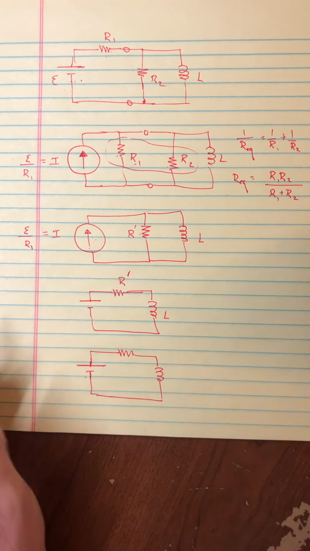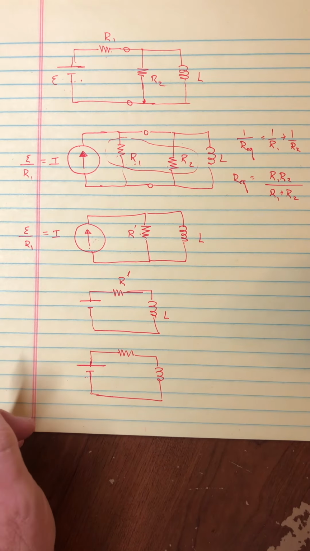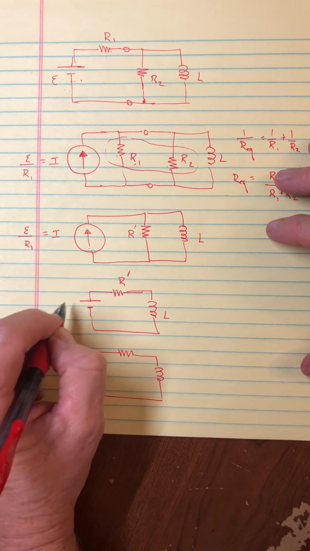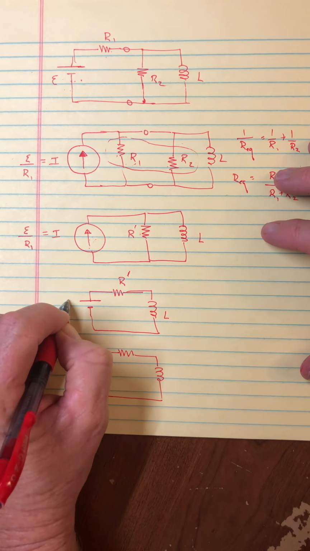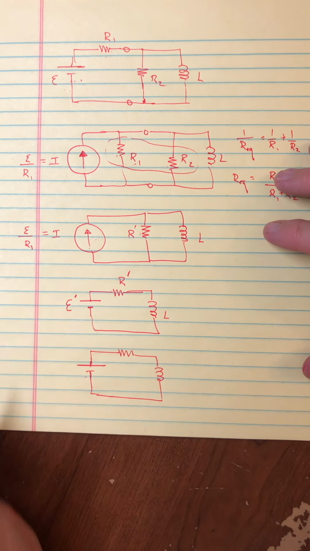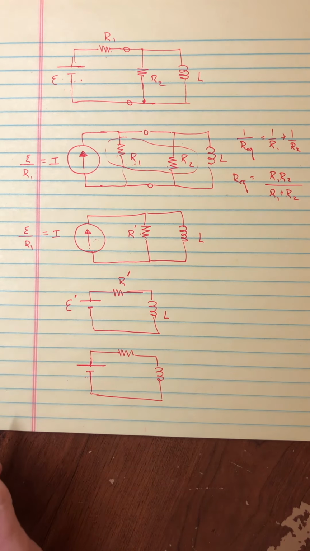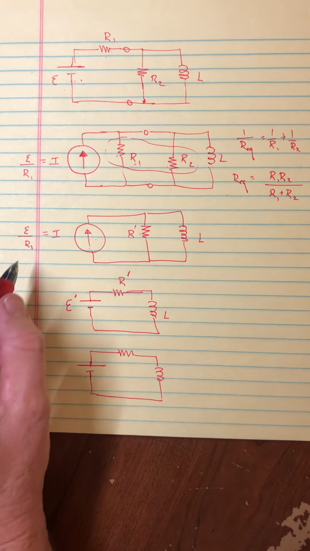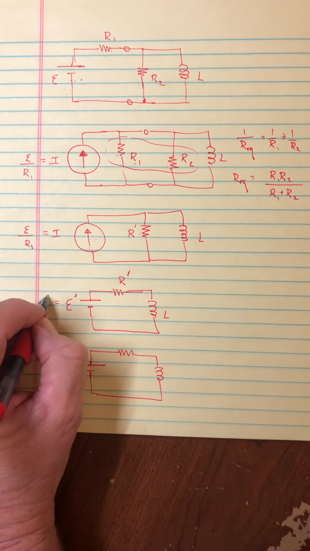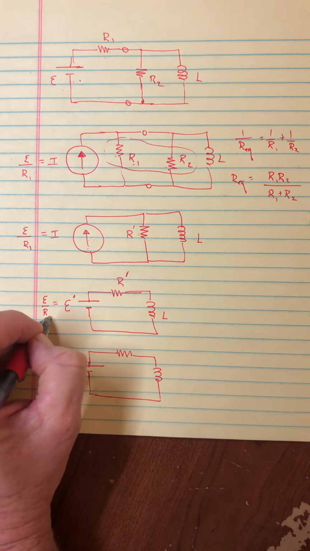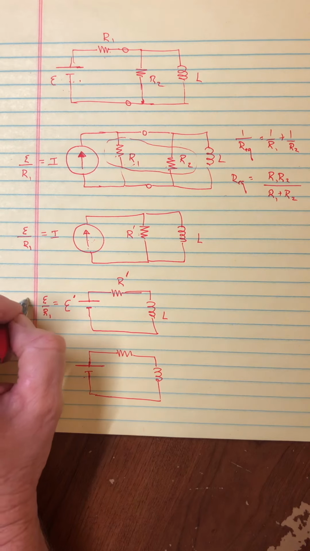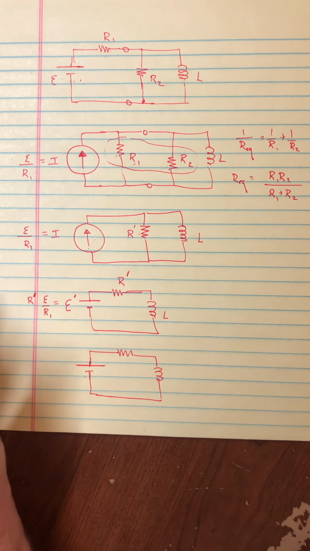Although the thing to keep in mind is that the voltage of this new constant voltage source would be this constant current, which is E over R1, times this parallel resistor, which is R prime.